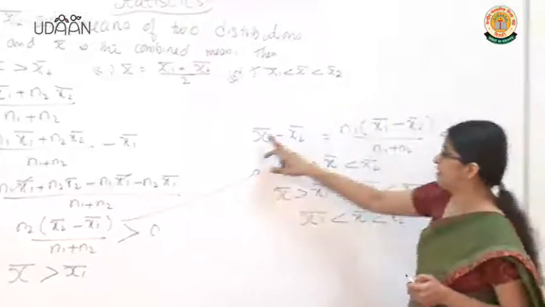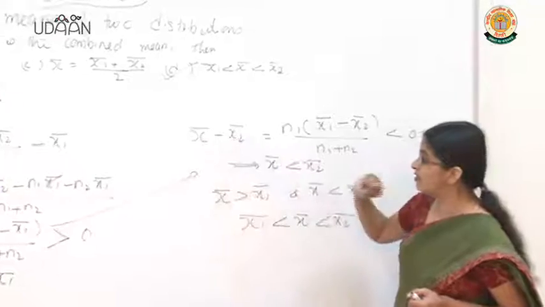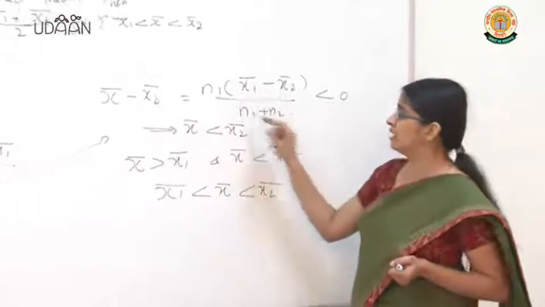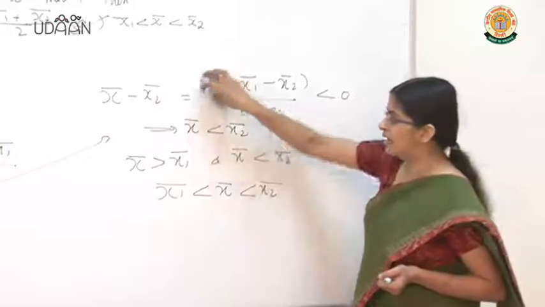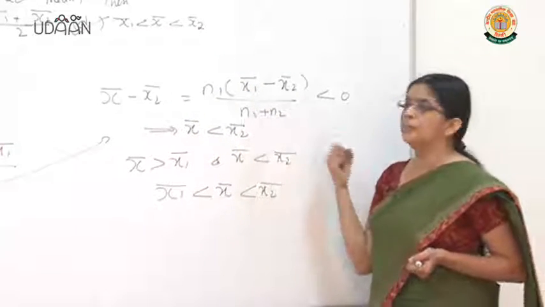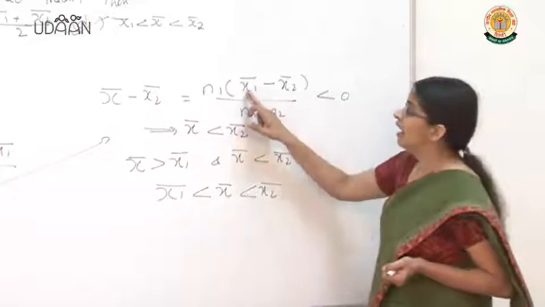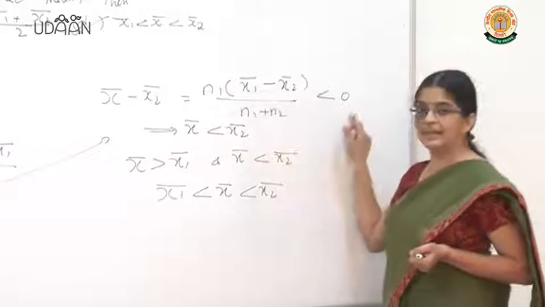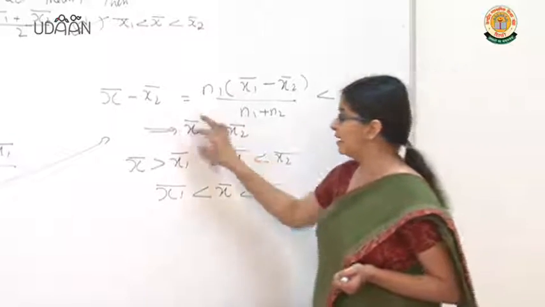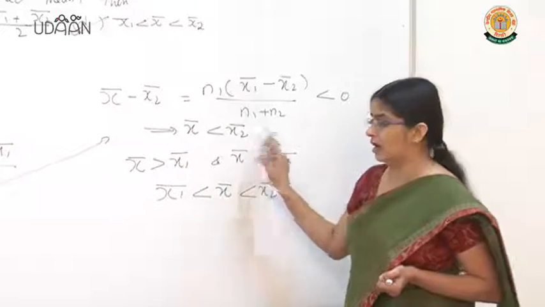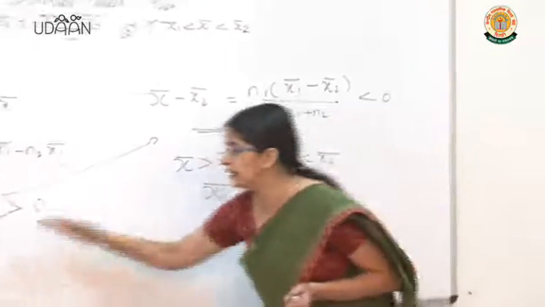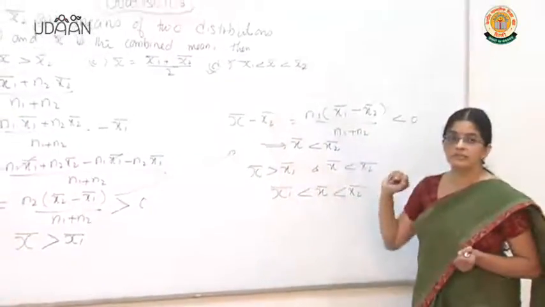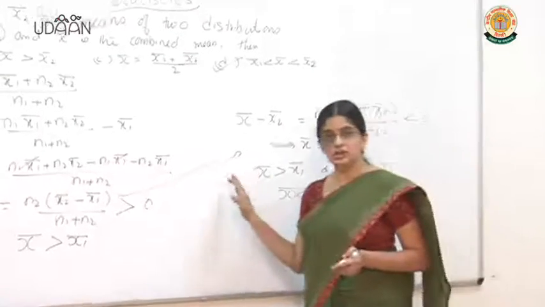Similarly, we can find x bar minus x2 bar, which comes out to be n1 into x1 bar minus x2 bar divided by n1 plus n2. Again, n1 and n2 are numbers of observations, always positive, and given x1 bar is less than x2 bar, so this is negative. From here, x bar is less than x2 bar. Now what did I do? I combined these two results to get option D. I hope it's clear to you.